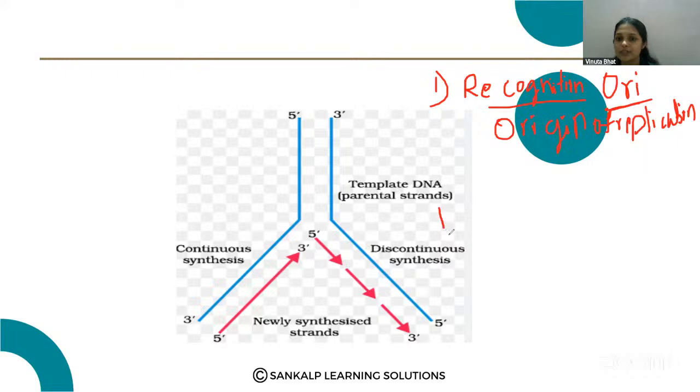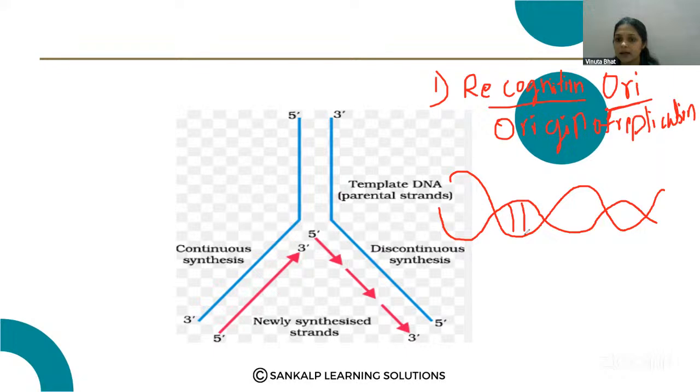So just imagine this is the DNA strand. Both strands are held together by hydrogen bonds. Here, the replication process starts from a particular region of the DNA.